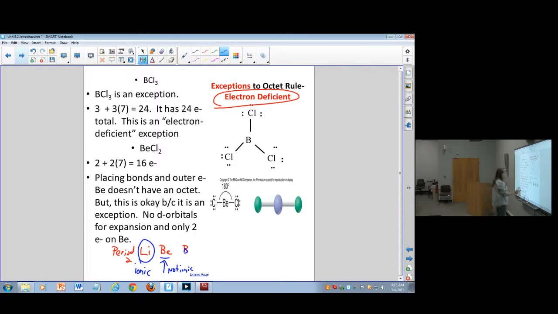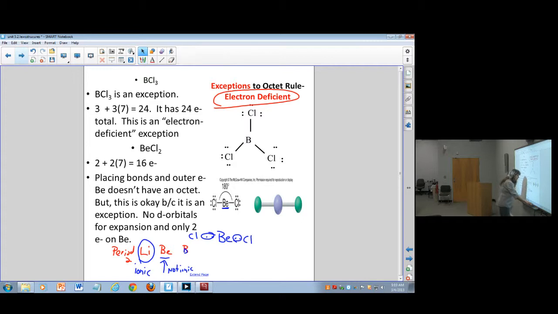It just so happens that beryllium ends up making more of a covalent bond than an ionic bond. But beryllium, remember, has a Lewis dot structure all by itself with just 2 electrons. So the only thing it can do is form another bond, like so.